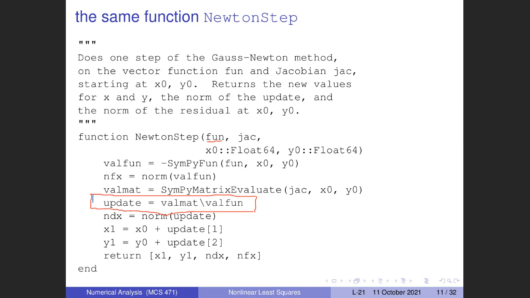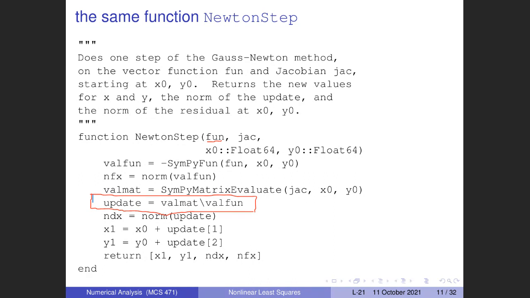It is the Newton step, and perhaps I should have written Gauss Newton step, but it is in full generality. So it works well in full generality, it works for 2 variables, but it is still general enough for any number of equations as well. So it's doing one step. It's returning the updated values.